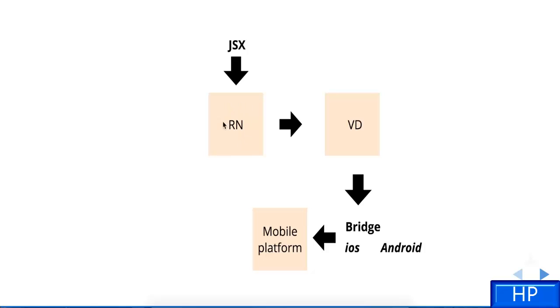Instead, React Native says, I'm not going to support DOM elements at all, because React Native's goal is to provide an environment to run on mobile platforms. So I'm going to provide the components which are very specific to mobile platforms.